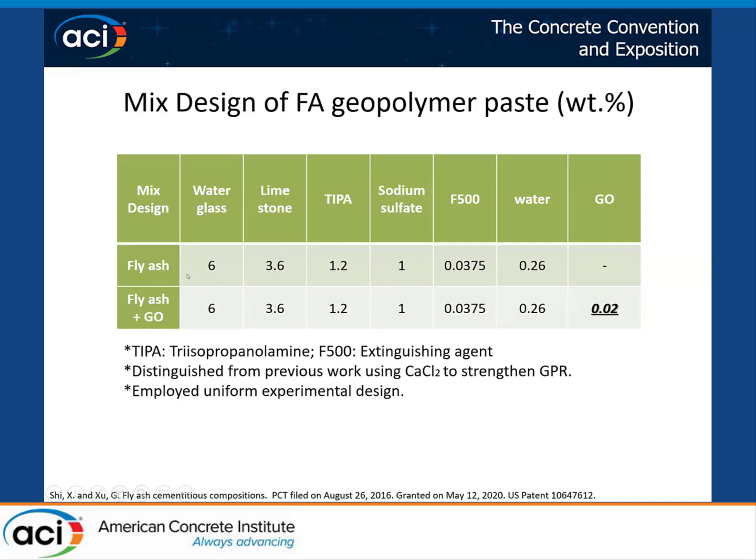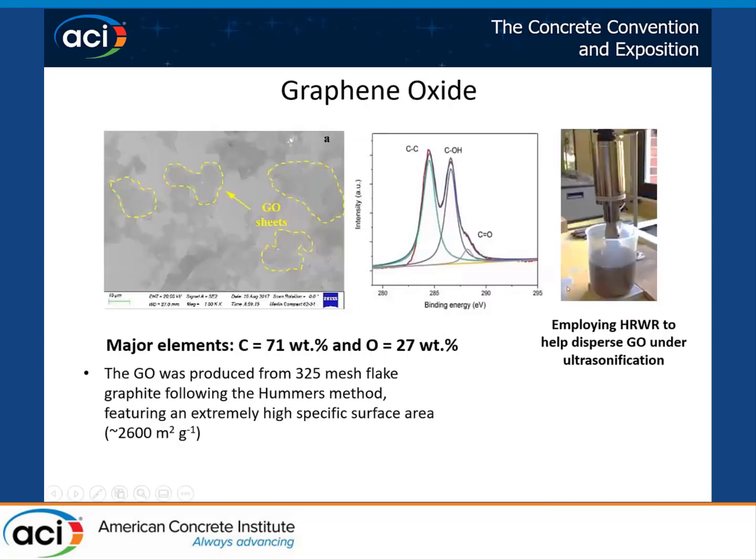The main difference between these two binders is the graphene oxide. The first one has no graphene oxide. The second one contains 0.02% graphene oxide by mass of fly ash. Here is the basic information of the graphene oxide that we used in this study.